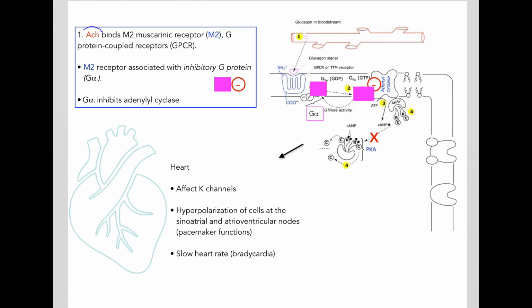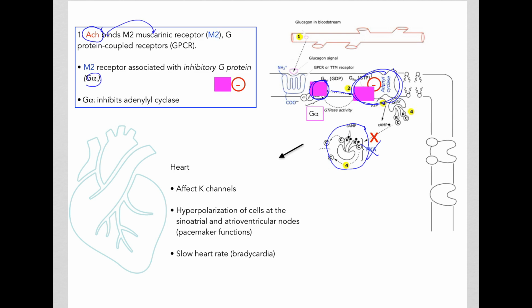When the signal acetylcholine binds to these M2 receptors, which are associated with G-alpha-I, the G-alpha-I, shown here in this purple color, instead of stimulating adenylyl cyclase, will inhibit adenylyl cyclase. So it will do something very different from what we talked about earlier. Adenylyl cyclase will be inhibited, and PKA will not be activated.